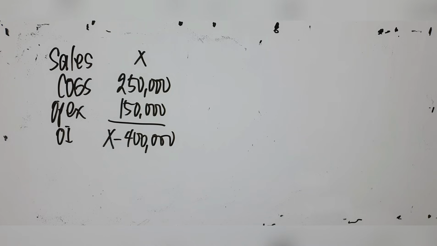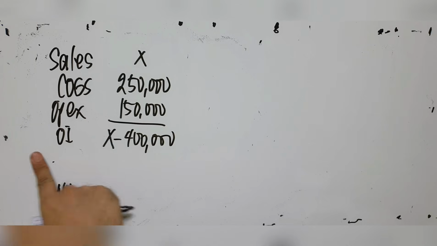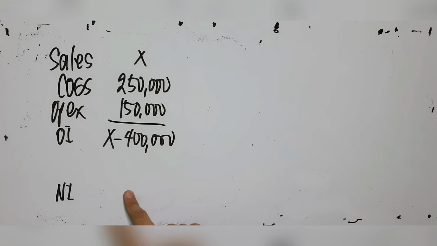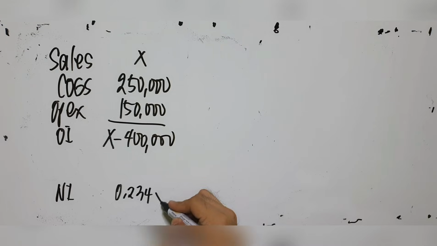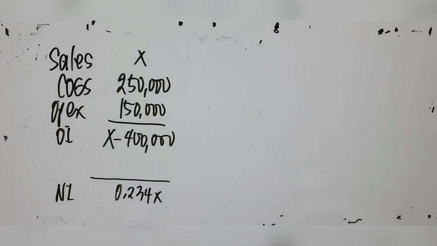And then sabi rito, ang after tax return or our net income, walang sinabing interest expense. So tax na lang yung ima-minus natin. Ang after tax natin na return ay 23.4% of your sales. So, 0.234 ng X natin. That is our after-tax return.